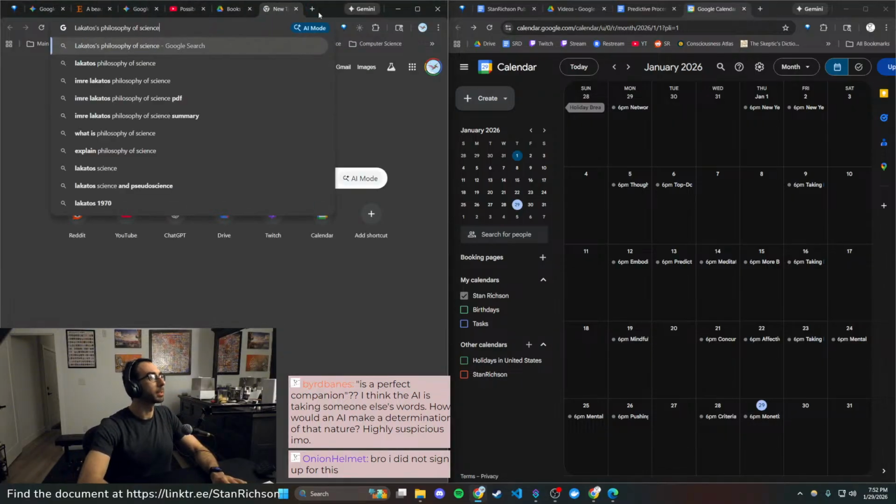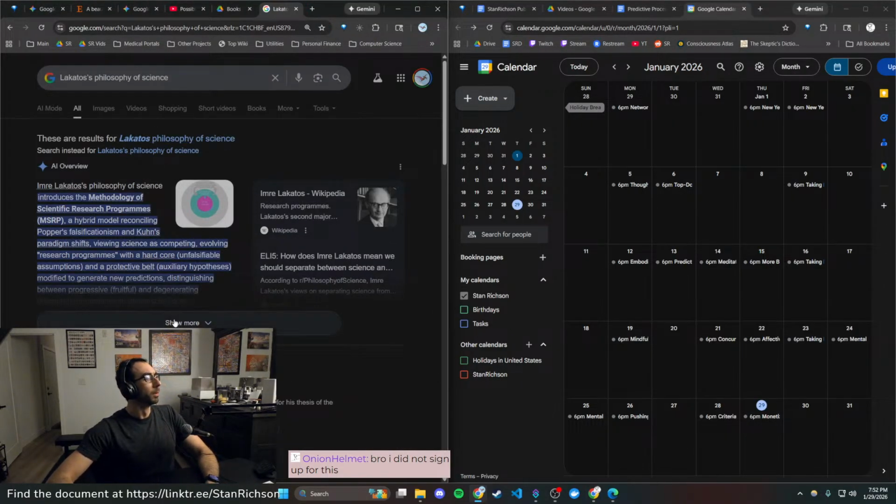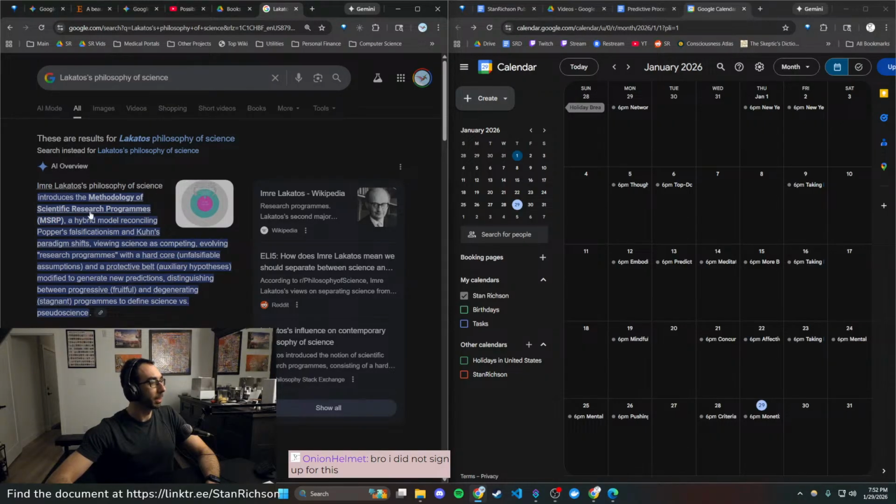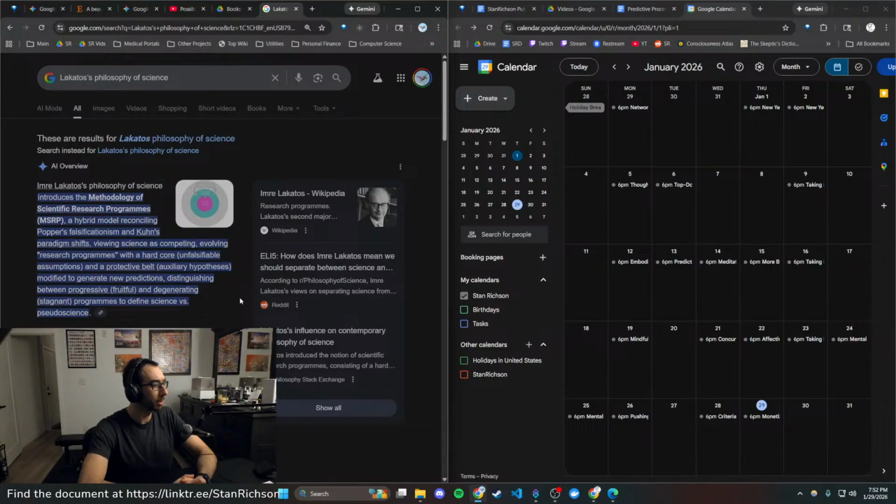Lakatos's philosophy of science introduces the methodology of scientific research programs, a hybrid model reconciling Popper's falsificationism and Kuhn's paradigm shifts, viewing science as competing, evolving research programs with a hard core of unfalsifiable assumptions and a protective belt of auxiliary hypotheses, modified to generate new predictions, distinguishing between progressive, fruitful, and degenerating programs to define science versus pseudoscience. Maybe? I think we've talked about Lakatos before. I don't know if it's gonna matter.